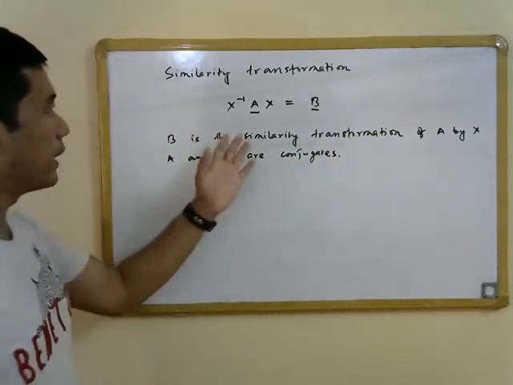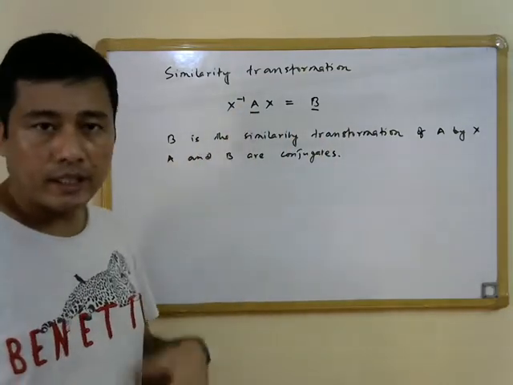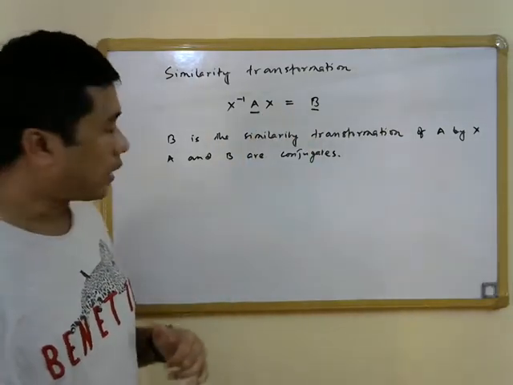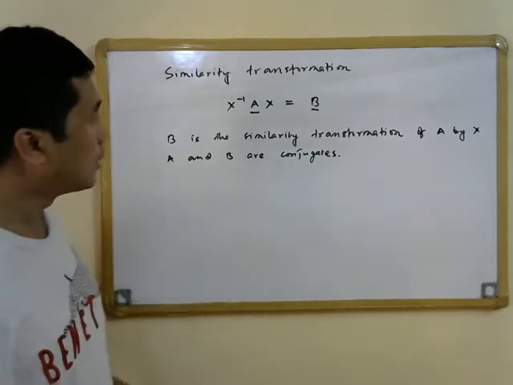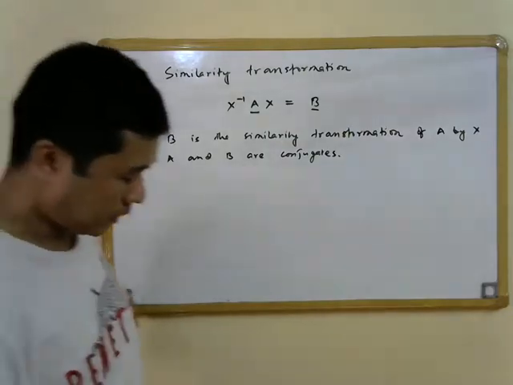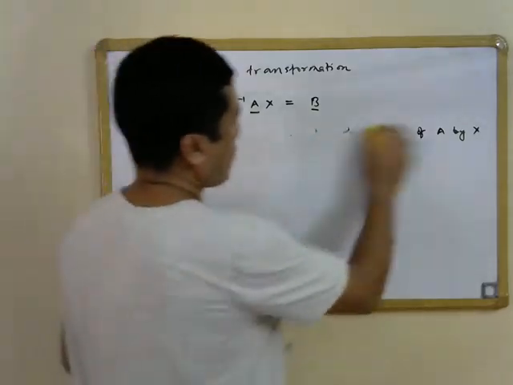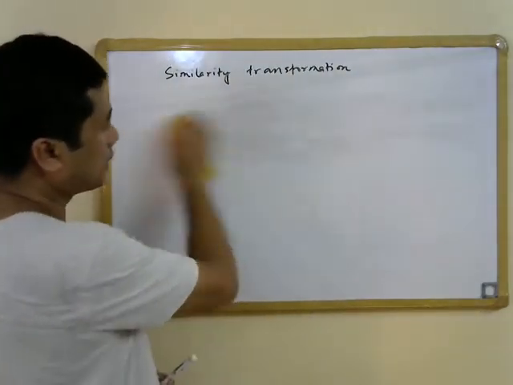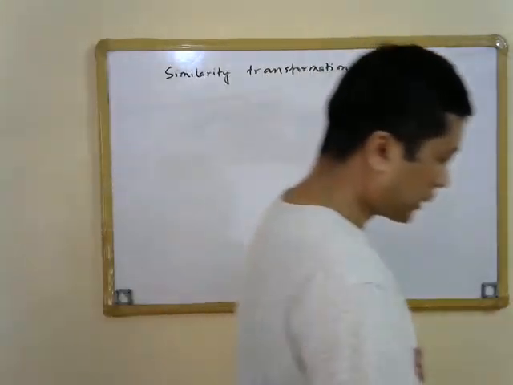So when we do a similarity transformation of A by any other element of the group, and we get the answer B, then we say A and B are conjugates of each other. There are some important relations between conjugate elements, and these relations are useful to us again. So we will learn about these relations between different elements which are conjugates of each other.